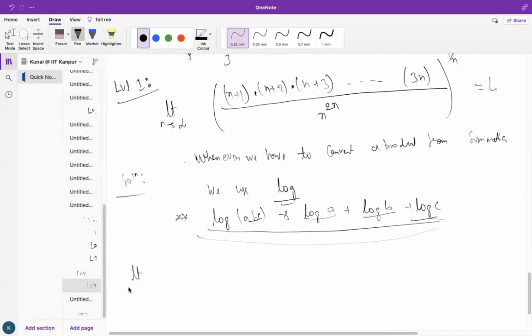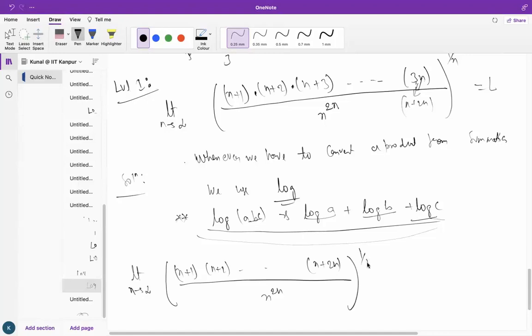The limit n tending to infinity of n plus 1, n plus 2, and we can write 3n as n plus 2n. I think these manipulations are familiar and easy for you, right? So n to the power 2n, we can write in this form, n plus 2n. So I just wrote it here.